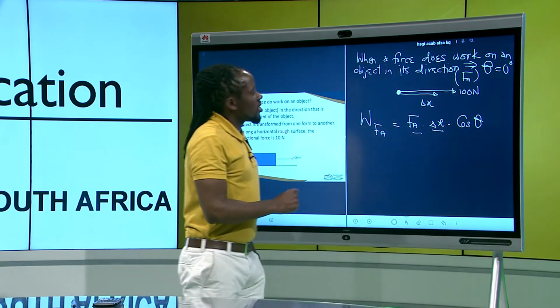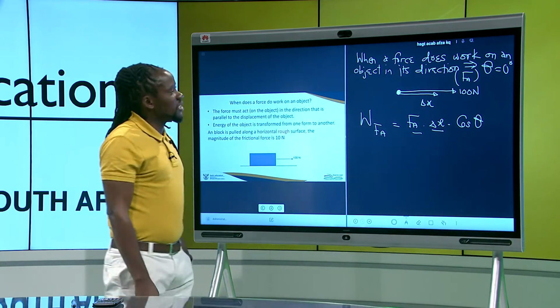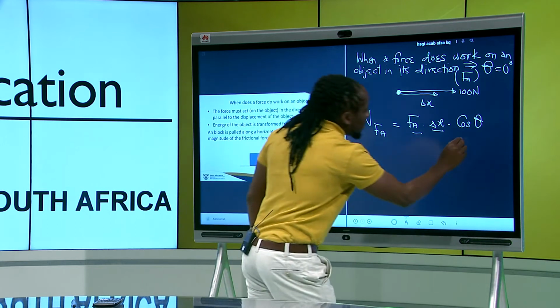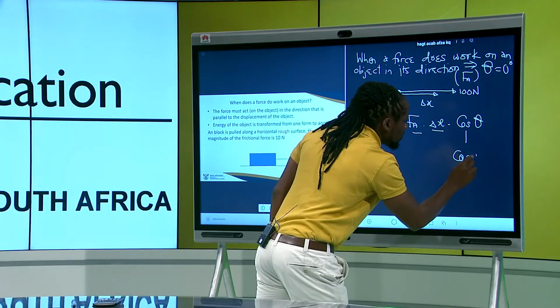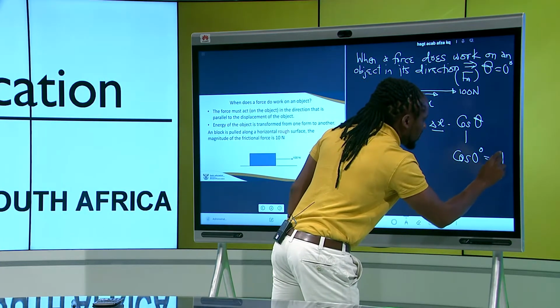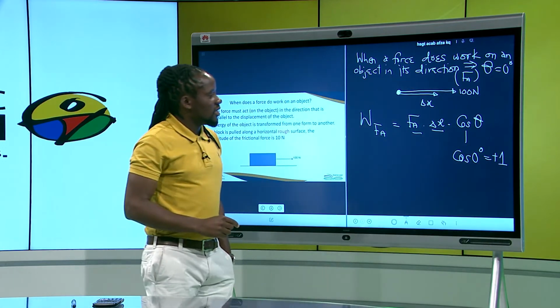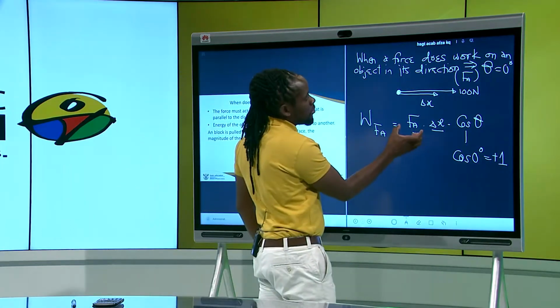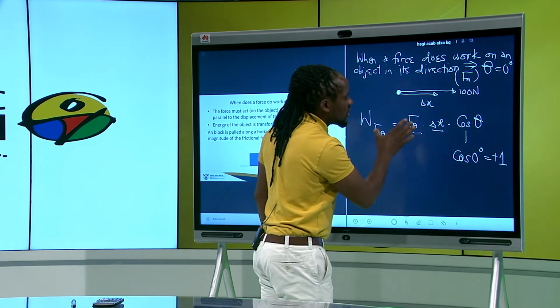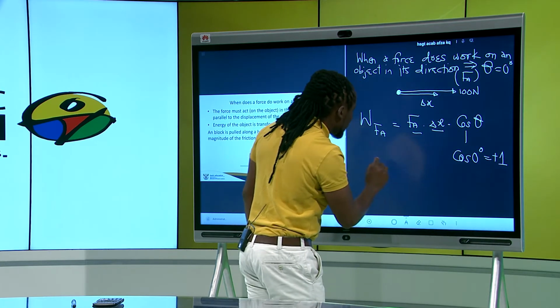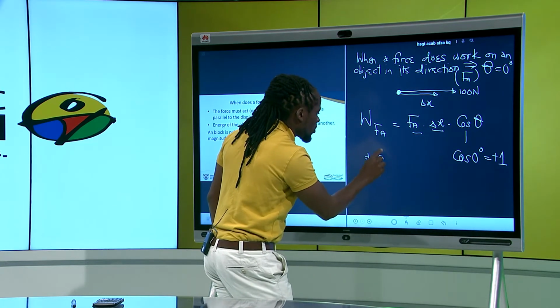Right. So if you go to your calculator, for argument's sake, and do the cosine of 0 degrees, you'll get a positive 1. Right. What does that tell us? It tells us that the work done by the applied force is in the direction of the applied force. Hence, this does what we call positive work.